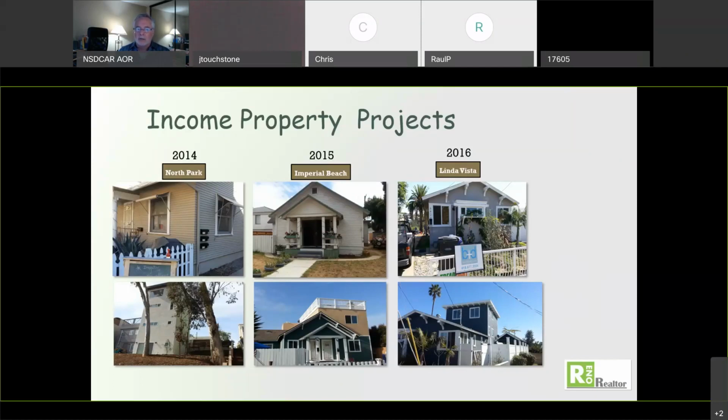a 3 story. The first story is a 2 car garage. Second story is a living area, and the third story are 3 bedrooms. So it's a 3 bedroom, 2 bath. He did that obviously because he had a real need there, but it was very exciting because his mortgage payment, again, this is back in 2016, came in around $2,700 a month.